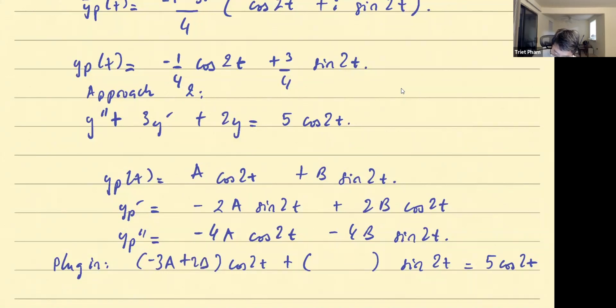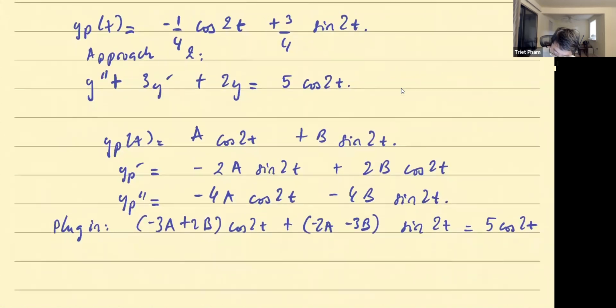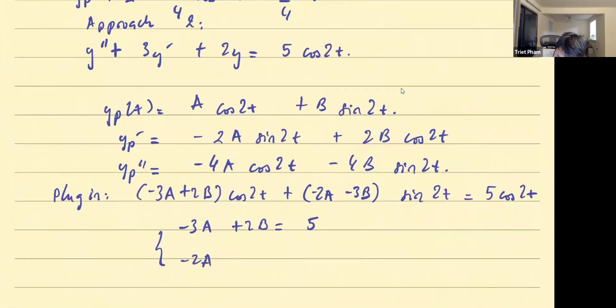And then on the other hand, for the sine, you got minus 4b plus b, so minus 3b, and then minus 2a. So the system that you are looking at is minus 3a plus 2b is equal to 5, and minus 2a minus 3b is equal to 0.